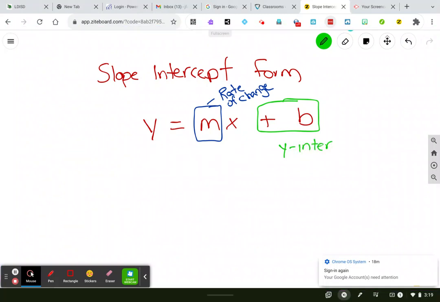Slope-intercept form equation. All that means is it crosses the y-axis somewhere. So this is your y, that's your x. If it crosses here and that number is 6, then that number is 6. If it crosses there and that number is 7, it's 7 there. If it crosses there and it's -9 or -8, that's a -8. That's all that means.